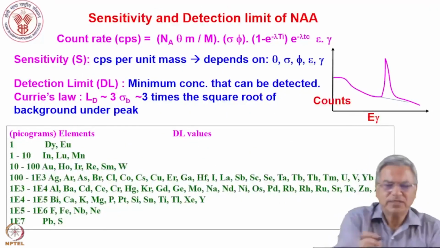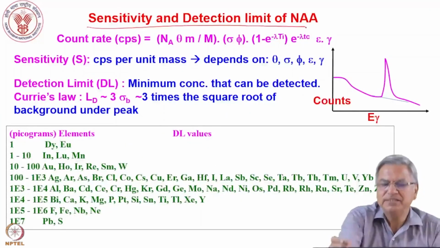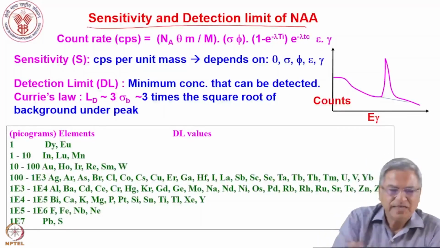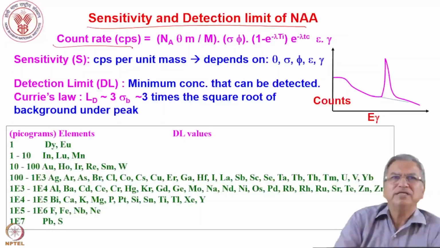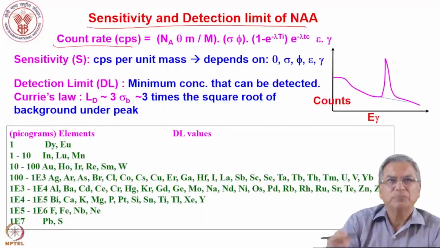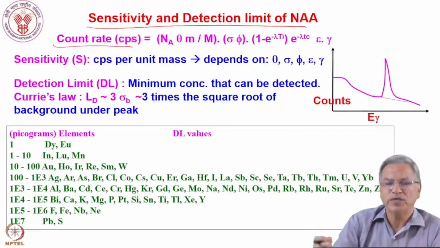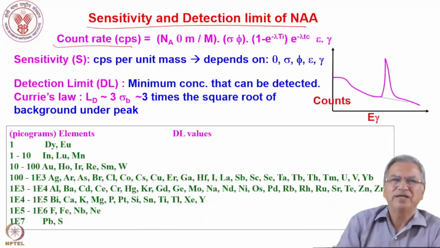Okay, so let us discuss the sensitivity and detection limit of neutron activation analysis. As I mentioned, the count rate when you irradiate a sample with neutrons. Now we are discussing neutron activation analysis. That means you do an offline measurement: you do irradiation, take the sample out of the reactor or neutron source, and count the activity of the radioisotope in the laboratory.